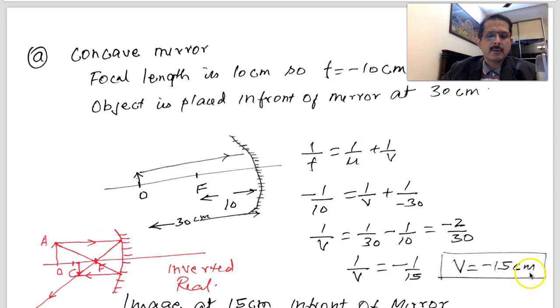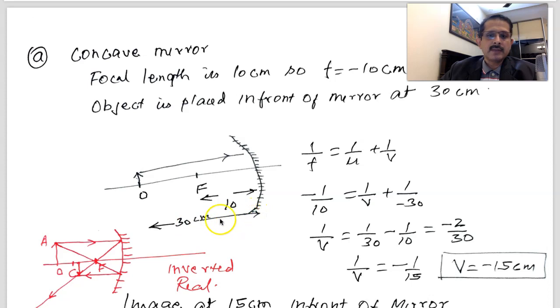Now when I talk about minus 15 centimeter, the distance is fine, but what about this minus? Minus means it will be on this side. Again, as per the discussion on sign convention, everything in the direction of the incident ray would be positive, and minus means it is opposite.